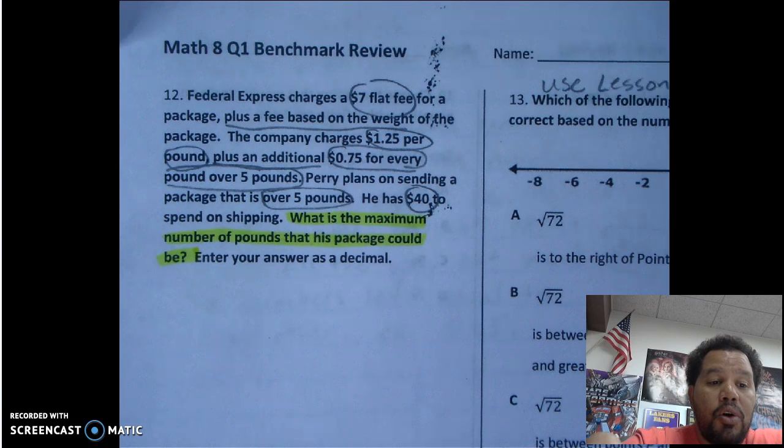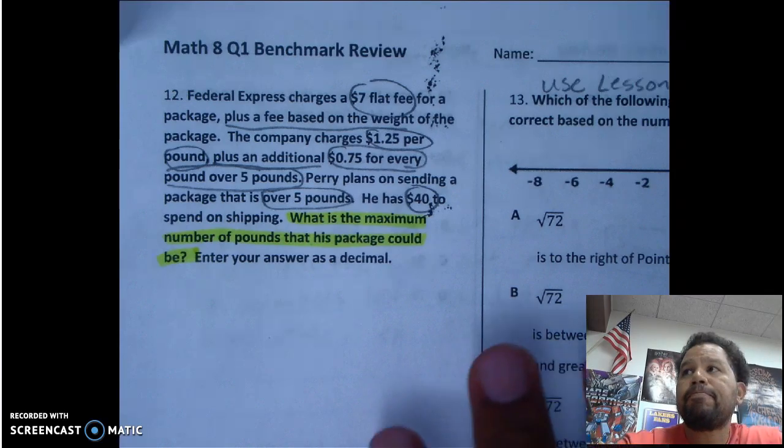I'm not going to go through how to solve this because you need to know how to do it, but some things you should do are highlight or circle anything that's important. Then make a verbal equation. Don't go straight to an equation, or draw out the situation, something that will help you identify or visualize what's going on, either words or a picture, some symbols. Do that first and then try to put it into an equation or solve for the question that they ask. So that's as far as I'm going to go with that.